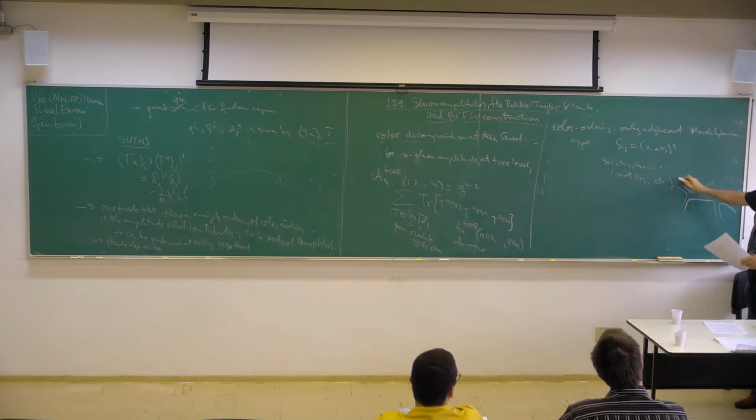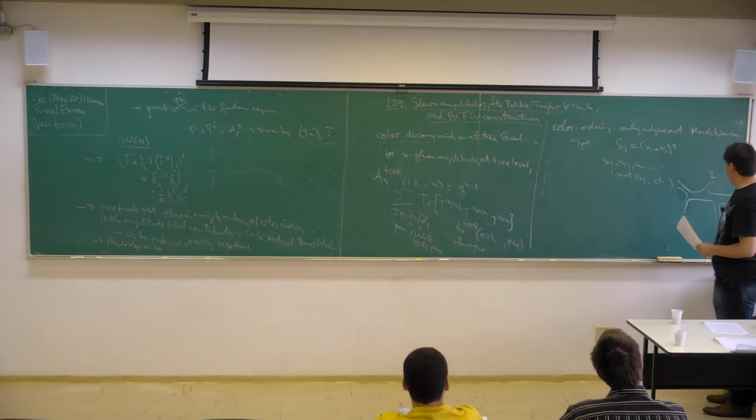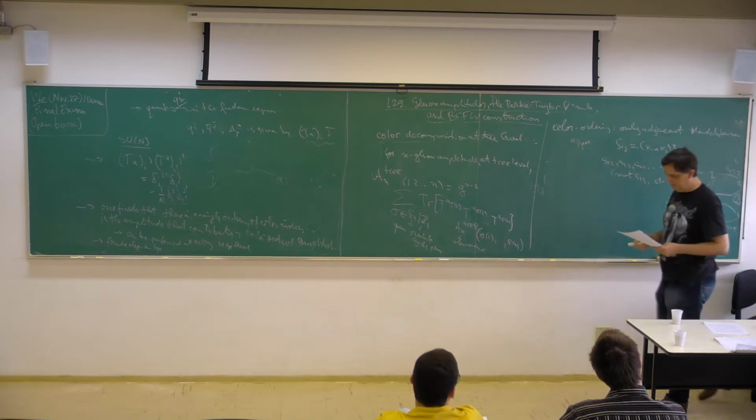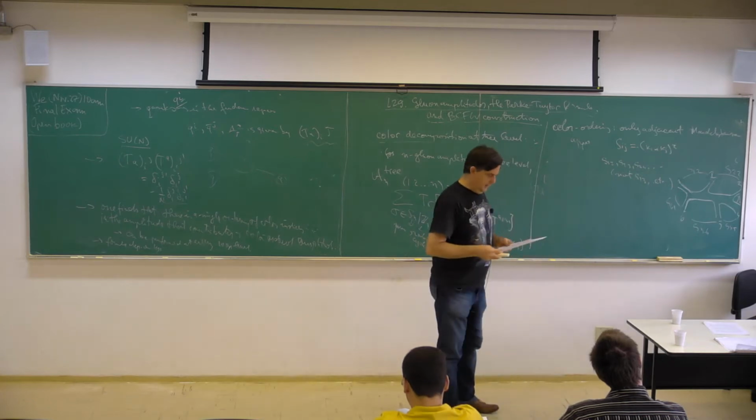If I reorder, let's say 1 and 2, I put 2 and 1, then this would look twisted. So think of this as a natural ordering of this amplitude, and that's the way you should think of a color order. So this amplitude will depend on S12, S23, S34, S45, S56, and S61.